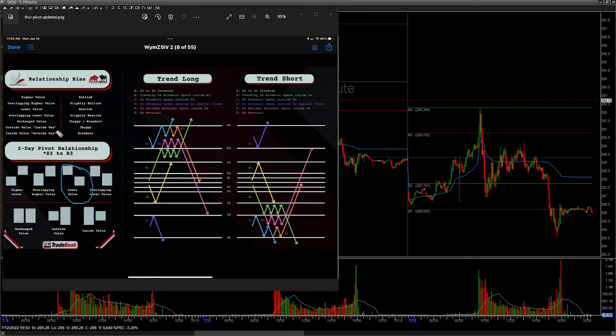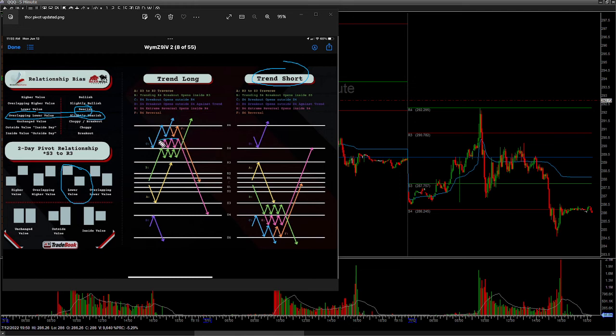You don't see it very often, but technically it's overlapping lower value, which is slightly bearish, but then the lower value one is definitely bearish. So you want to short in this one. I think we're trending short. However, I'm still collecting data, and we only had two days, and really, in hindsight, I'm not really sure.